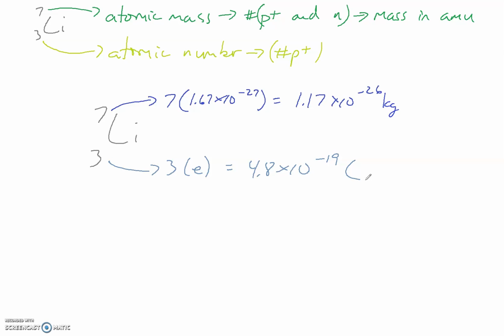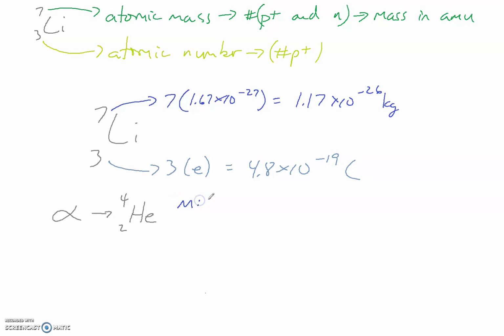A common one actually for this type of thing is what's called an alpha particle. An alpha particle is actually a helium nucleus, which is a common form of radiation, and it'd be helium-4-2. So if we wanted to get the mass of this one, it would be 4 times the 1.67 times 10 to the negative 27, because there's 4 things in the nucleus.